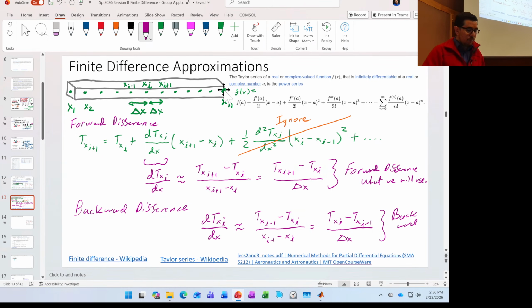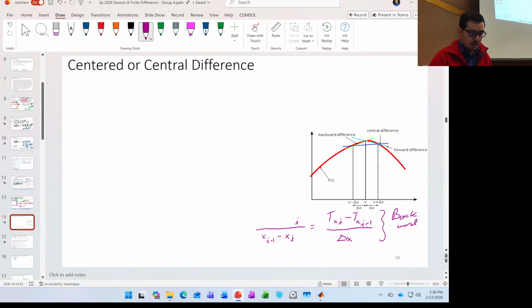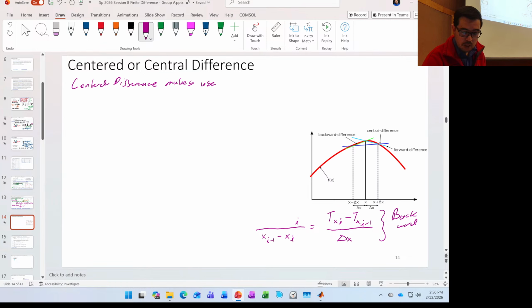Now, there's also a centered difference. The centered difference makes use of forward and backward differences.